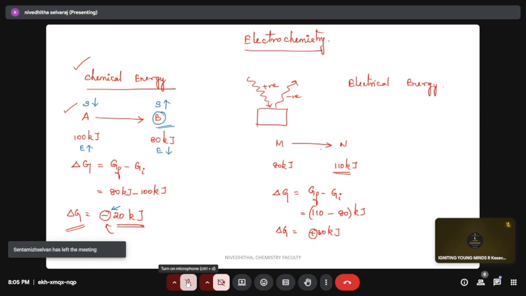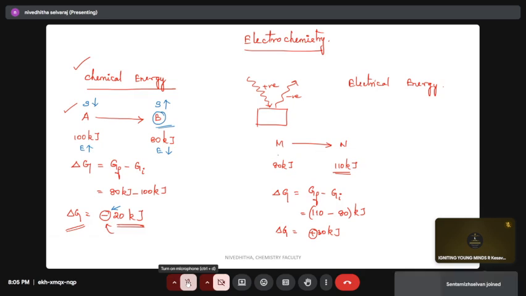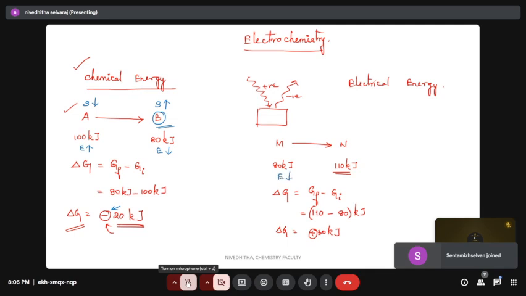But contradictorily, in the second reaction, the energy of M was less and the energy of N was high. M was initially more stable, and M doesn't want to get converted into a product that is much less stable. So this reaction will not occur by itself.